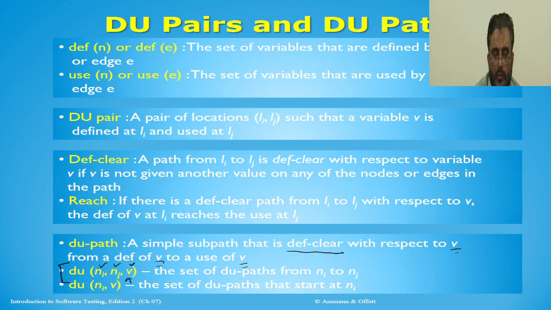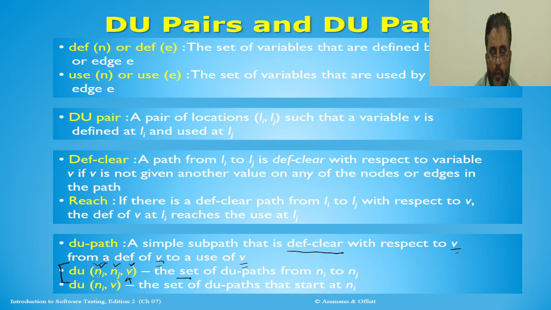So if this variable has some definition at ni, and we want to see whether there is any use of v on the paths that go from ni to nj, and there are one or multiple paths that go from ni to nj that are def-clear with respect to v, then we will call all those du-paths, and we will retrieve that set with this notation.